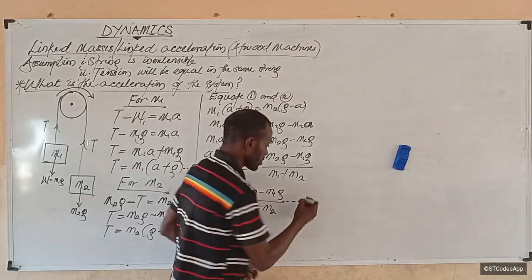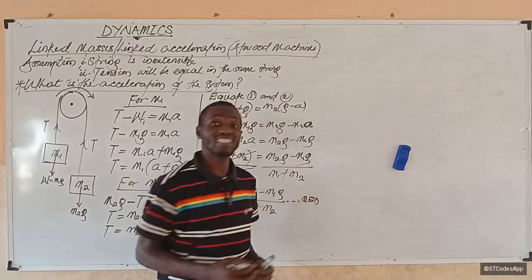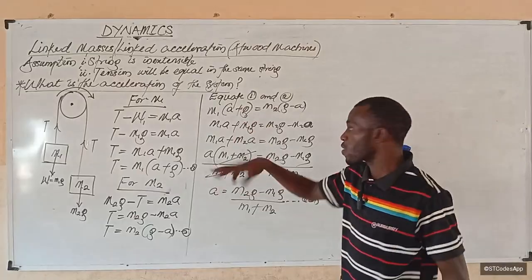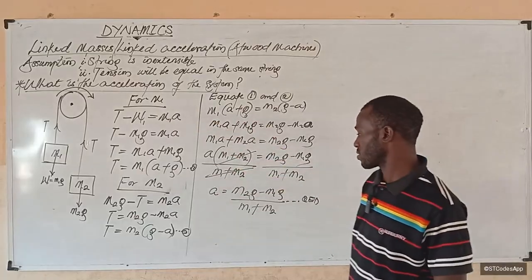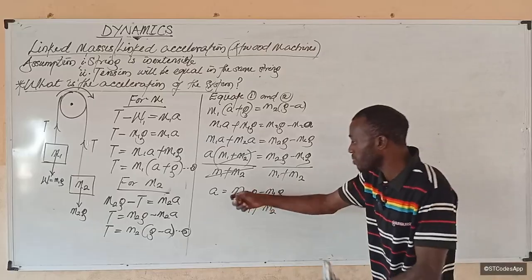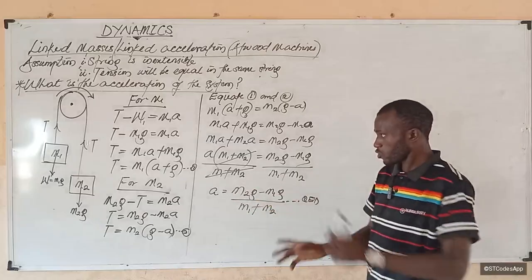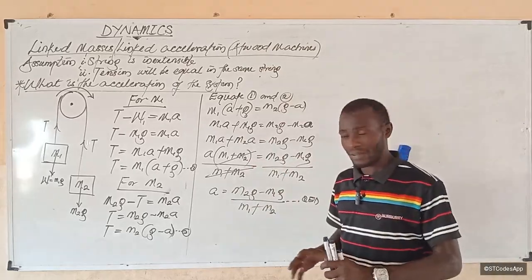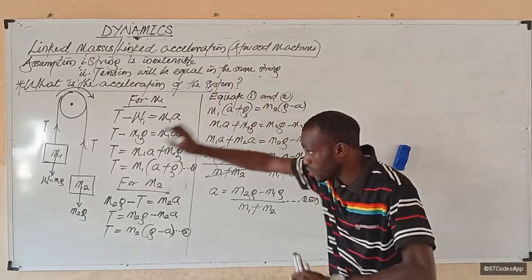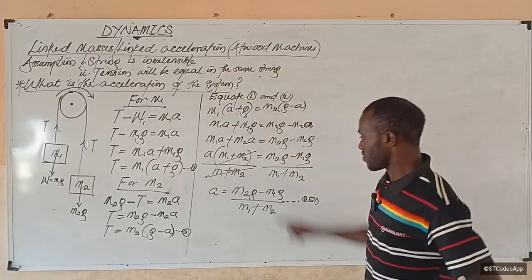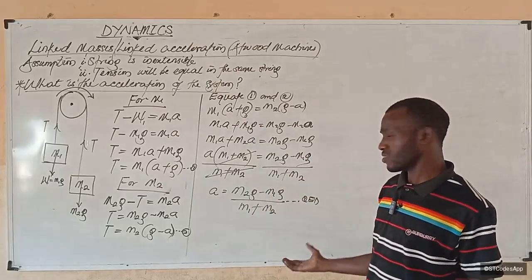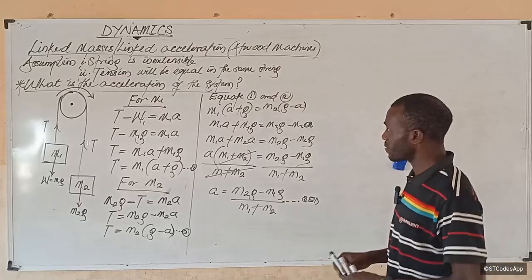The use is to be able to find the acceleration of the system without the tension force given. By just knowing the masses of the two bodies, we can find the acceleration of this system. Is that clear now? If I plug in the values, G is 10, constant. Do you understand now? All right.